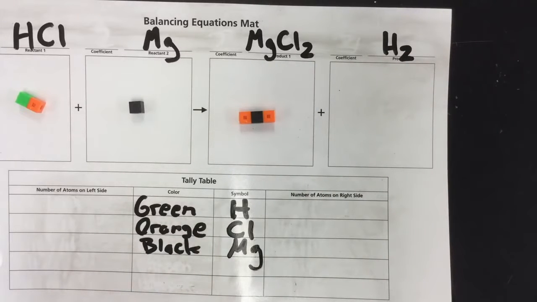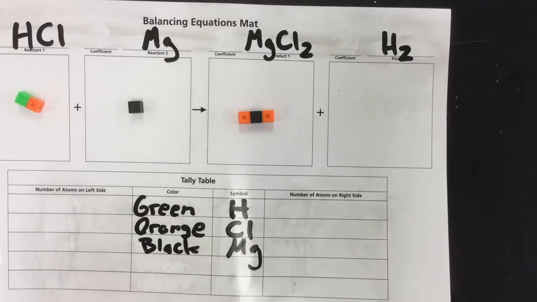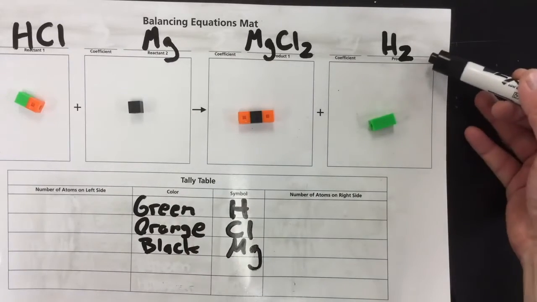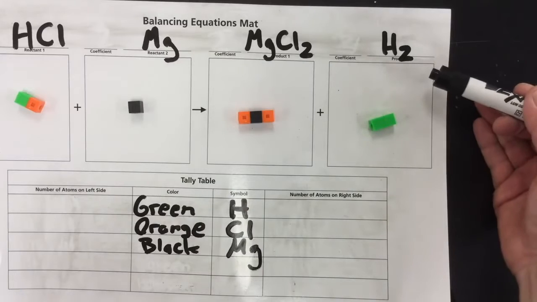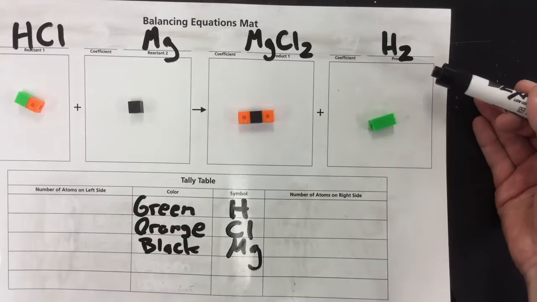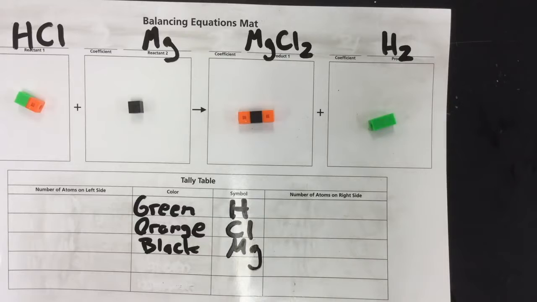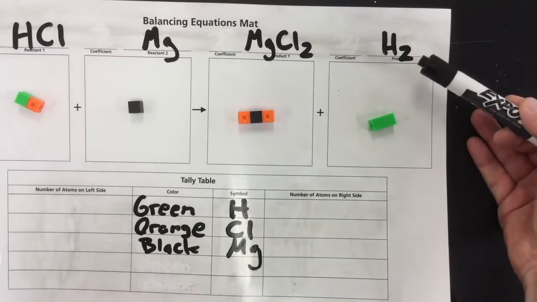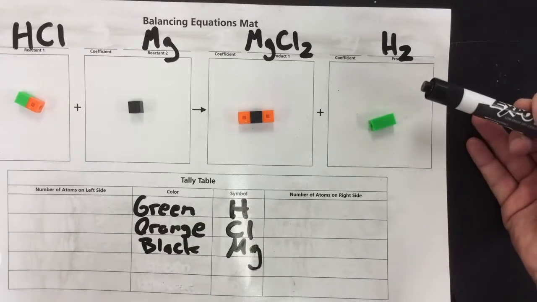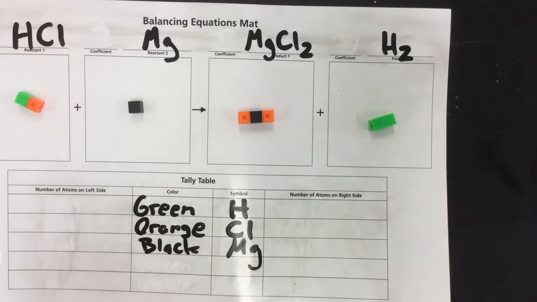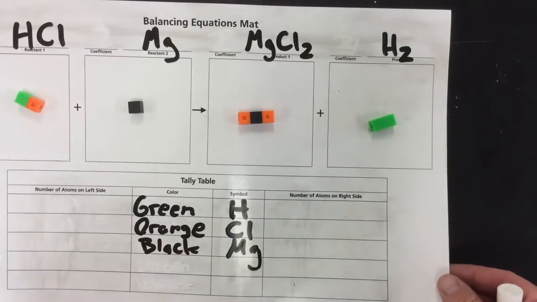H2, we're going to connect two greens because the formula here is H2. And just a note, something to keep in mind. In a formula, these small numbers to the right and below the symbol of the element, that's a subscript. And that's part of the formula of the compound, and it's part of the identity of that compound. I'll say more about that in a moment.